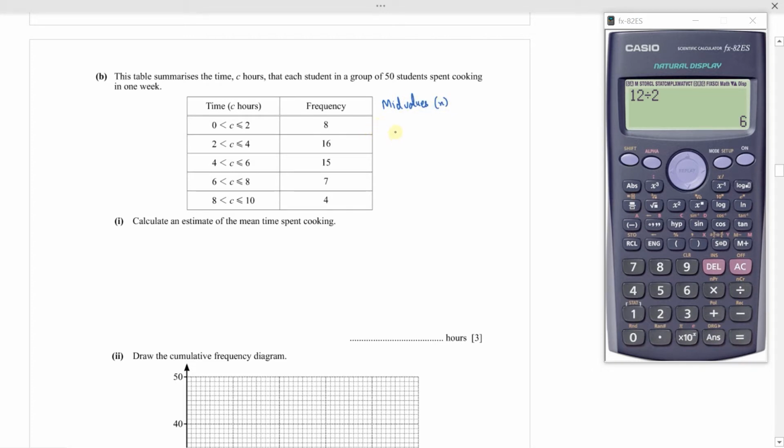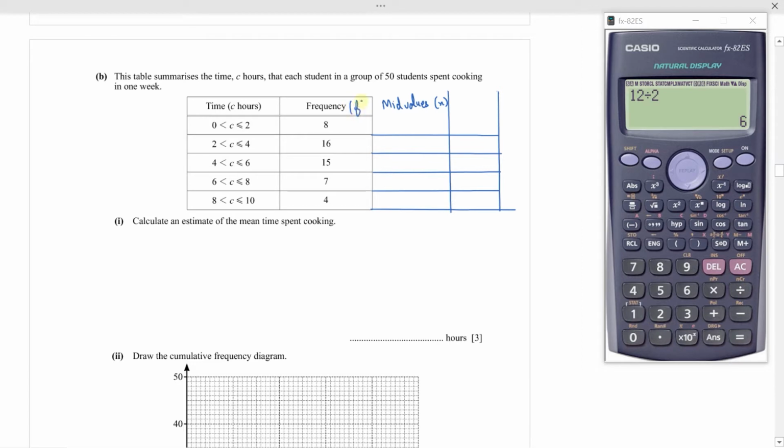I will extend this table to the right. This will be your mid values. Then I will add another column, which will be the product of mid values with frequency.